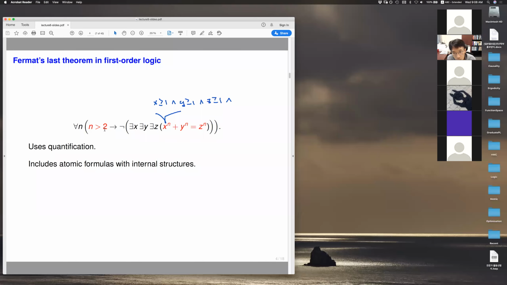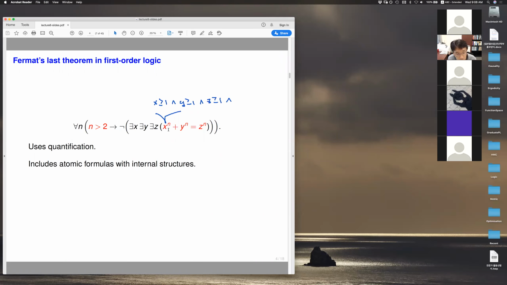This formula doesn't involve any logical connectives like quantification, conjunction, disjunction, or negation. It's a very basic case where we state some properties about numbers. But this atomic formula has a more sophisticated structure. It uses the less-than relation, and it compares two objects: one denoted by n, the other the constant 2.